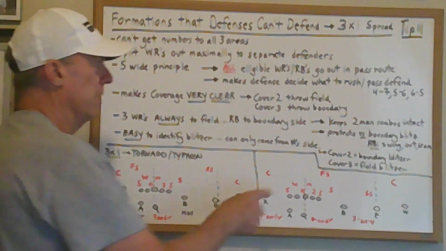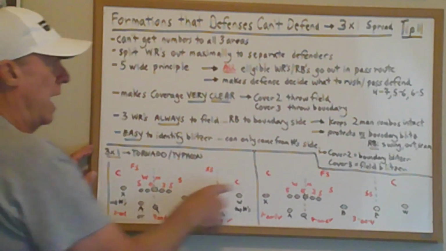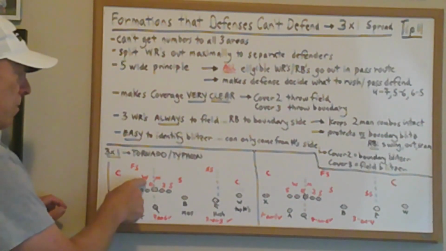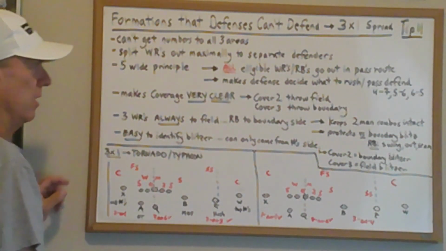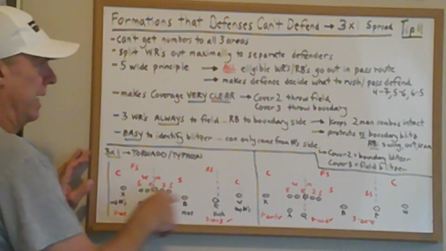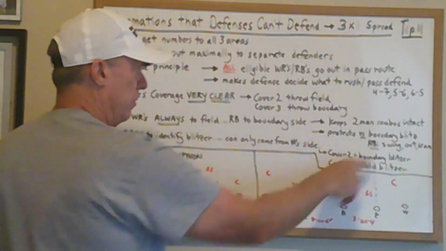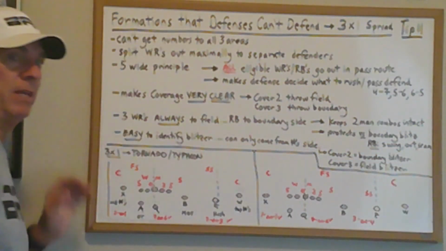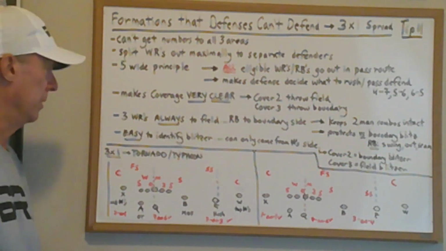The other thing is the running back to the boundary side, it really protects the boundary blitz. In other words, if they want to blitz the Will linebacker, he's got to decide if he blitzes, all we have to do is take the running back and run a swing route, an out route, or a seam, and if he comes, the running back's going to be wide open, okay?